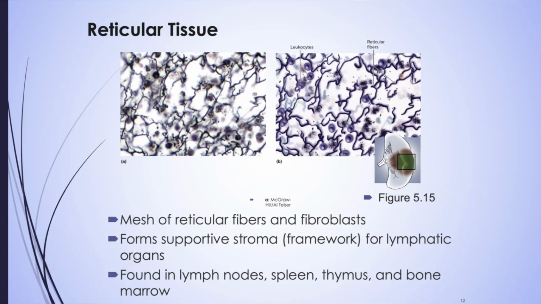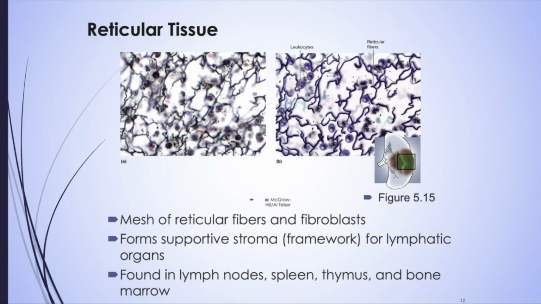Here are some reticular fibers. See how it looks like a meshwork where there are extensions and extensions. Within it, these are actually leukocytes. In this view we're not seeing the fibroblasts specifically, but it's all good. This is the actual microscopic view of it.